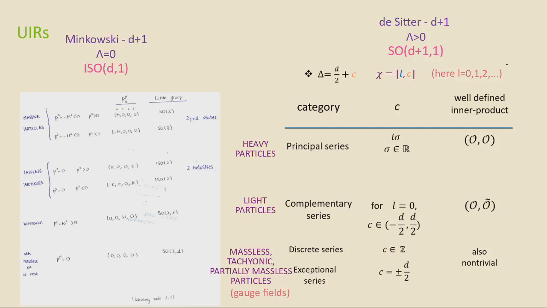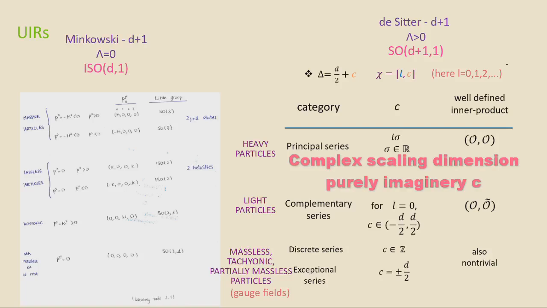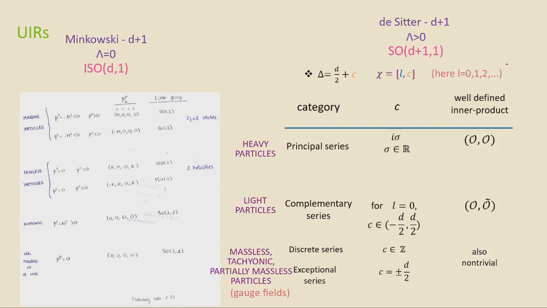Now these are the labels, but also the way you break down representations into categories is different. And we said the representations are going to be labeled by the scaling dimension. For principal series, this is fine, this is unitary.